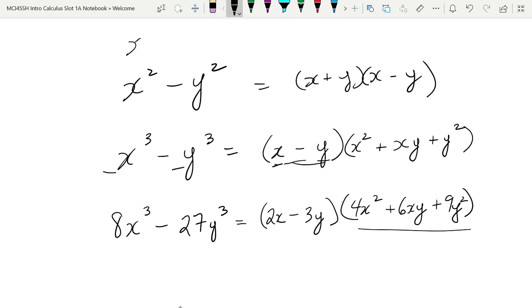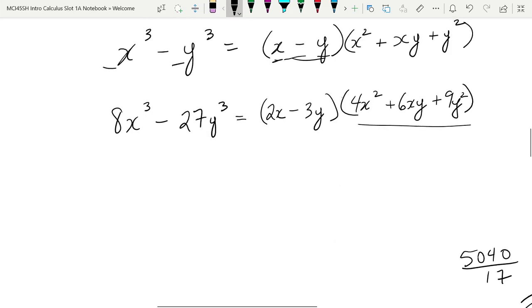There's no way to actually factor a sum of squares. If somebody says, how do you factor that? You say, can't. That's like your grade 5 teacher saying, hey, make a factor tree for 17. You'd say, can't. It's done. 17. Factor this. Can't. It's done. But you can actually do the same thing here with cubes if this was a plus. If that was a plus, that's a plus, and that's a minus, and it's still the same answer.